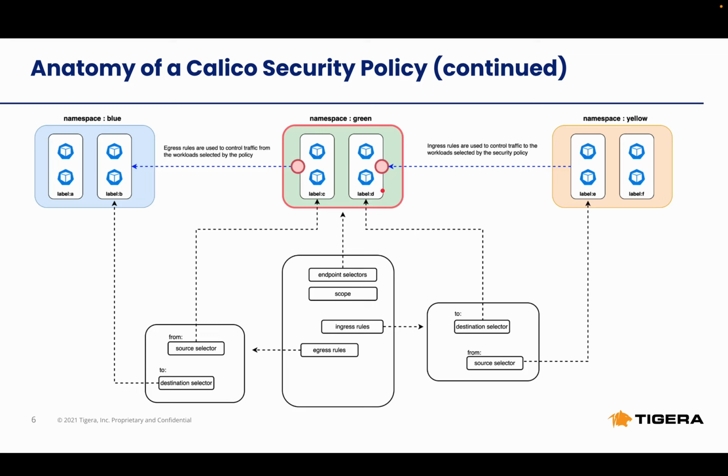Similarly, on the egress side, I'm using egress rules with selectors, and in this case, I'm using a from selector to select the workloads in namespace green with a label C, and I'm permitting traffic to workloads in namespace blue with a label B. Okay. Just another diagram to help you understand the anatomy of a Calico policy.